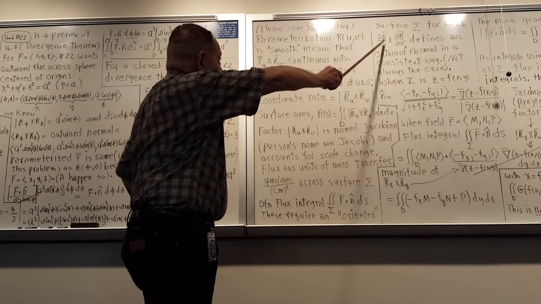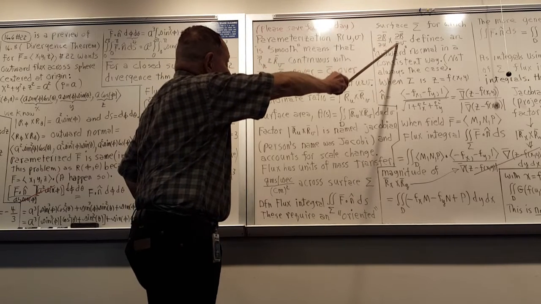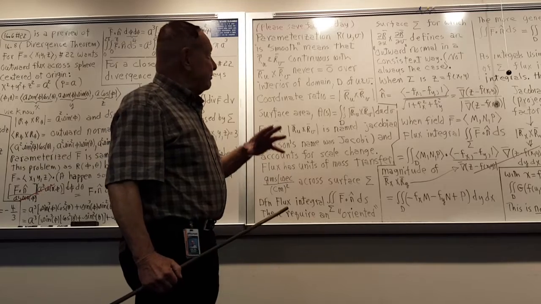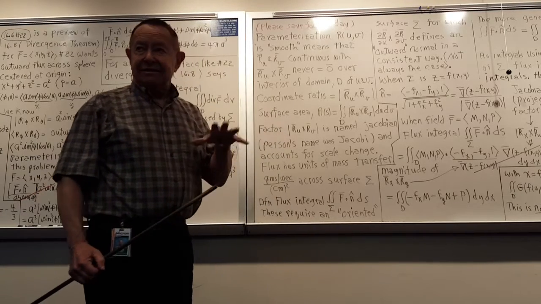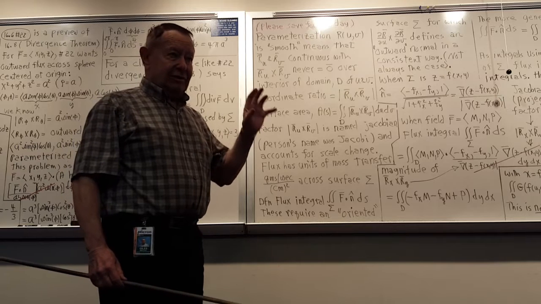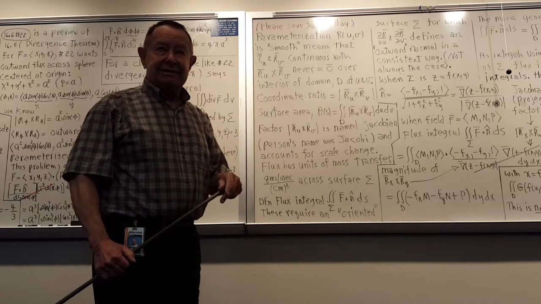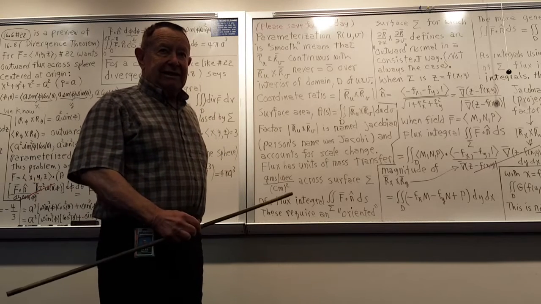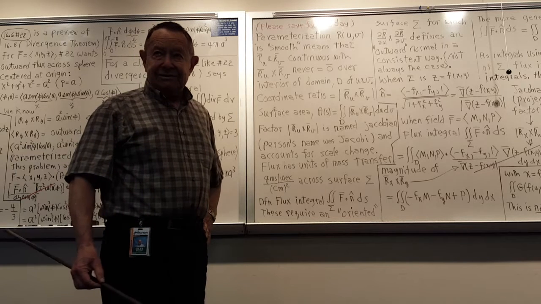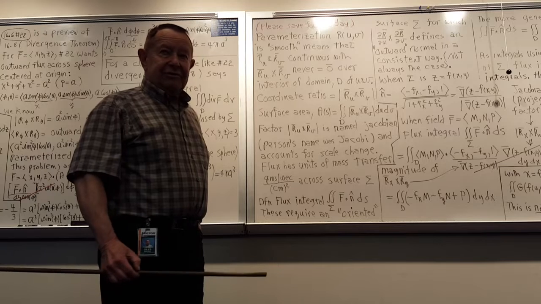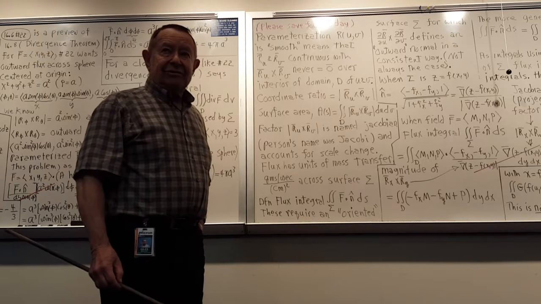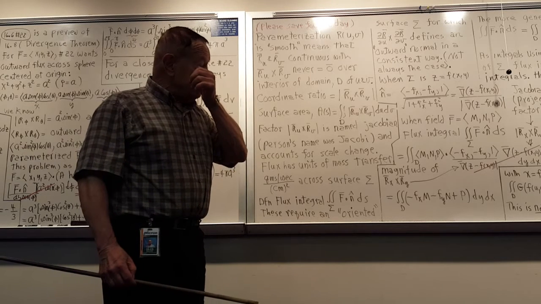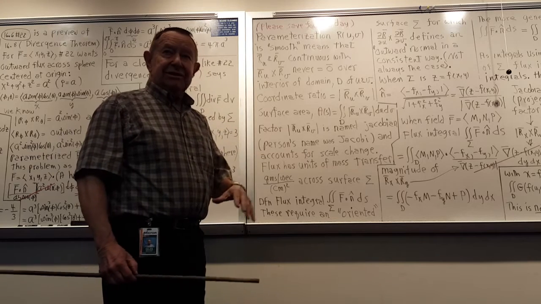So what we require is that if we take the cross product of the partials of our parameterization vector, remember this R is a vector, typically in Cartesian form, so it's three components, and as we talked about yesterday, even though the variables may not be x, y, and z, even if you're using the cylindrical coordinate variables or the spherical coordinate variables, you're still, as a rule, writing x, y, and z in terms of those.